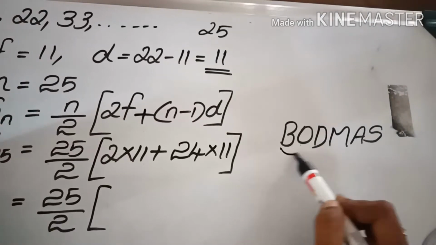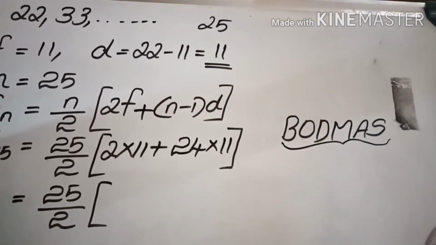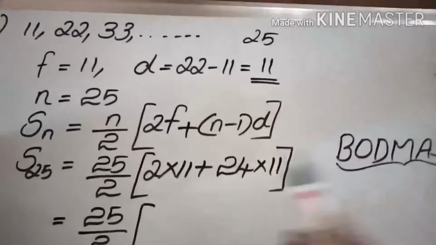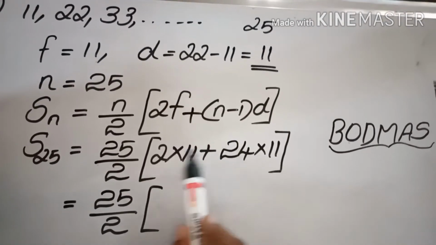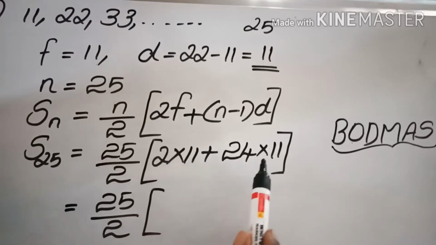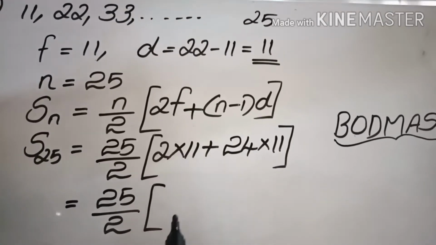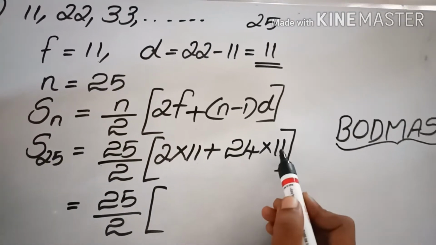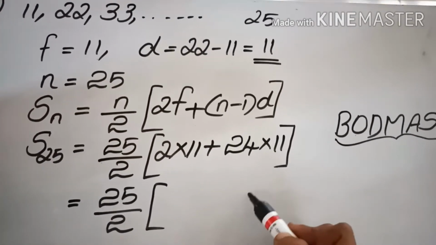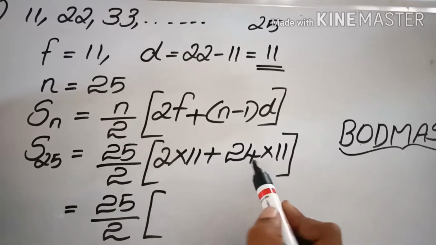You must follow this rule, otherwise your answer will be wrong. That means before doing addition, you have to multiply, because priority should be given to multiplication. So 2 into 11, then 24 into 11 you have to do first. Then only you can add these two answers.